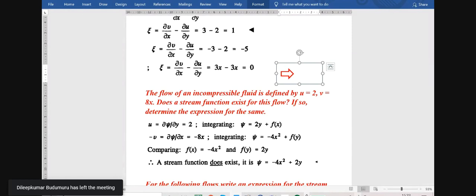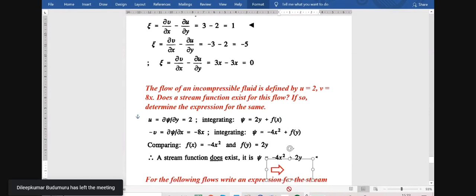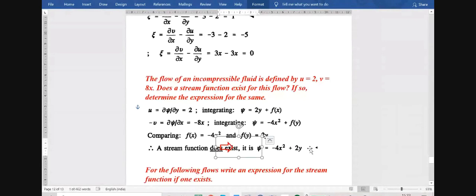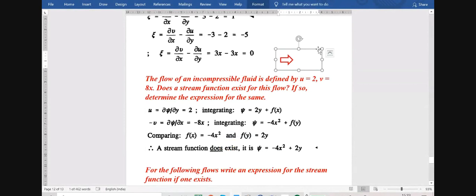That can also be considered as the stream function, because if we add plus or minus some constant, still the velocities will be given by these expressions only, right? Do you all understand that point?